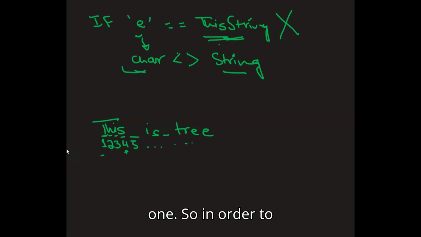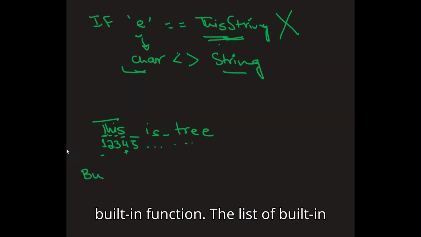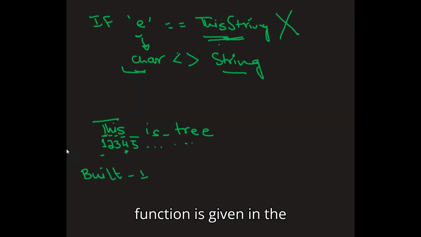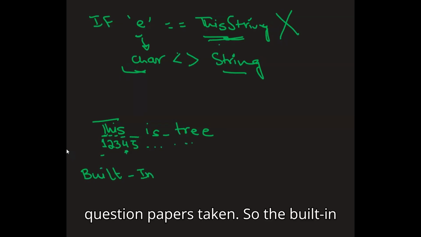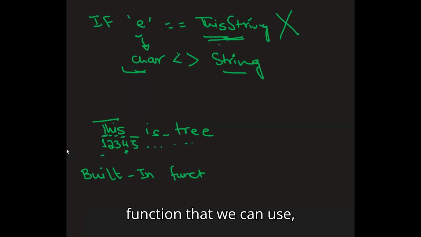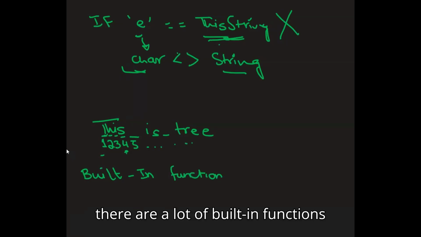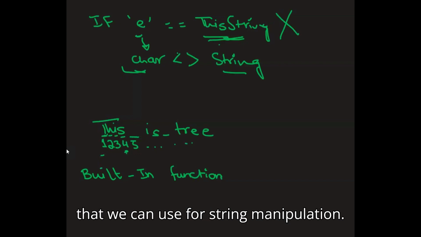So in order to extract this T here, I have to use a built-in function. The list of built-in functions is given in the insert that's attached with your question papers, okay? There are a lot of built-in functions that we can use for string manipulation.